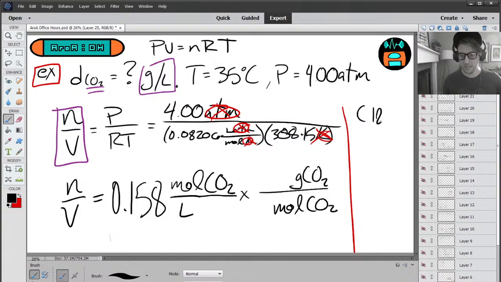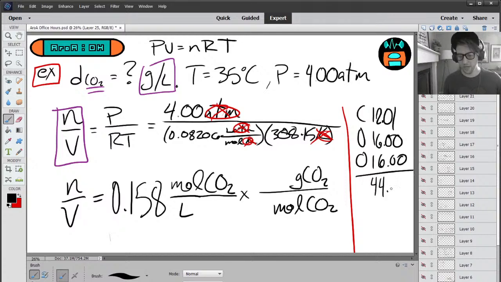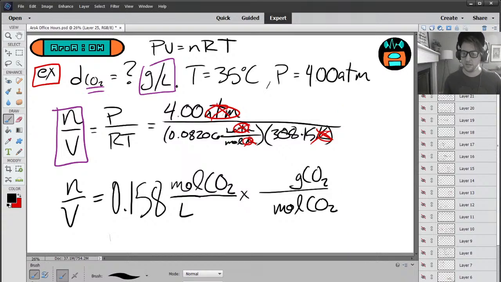Carbon is 12.01. Oxygen is 16.00. We've got two of them. So this comes out to be 44.01 as carbon dioxide's molecular weight.